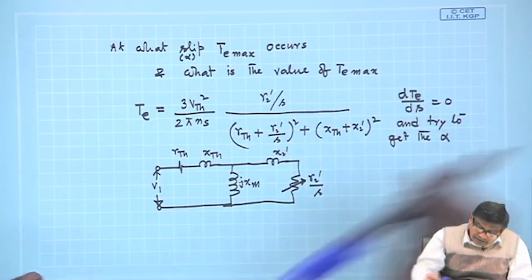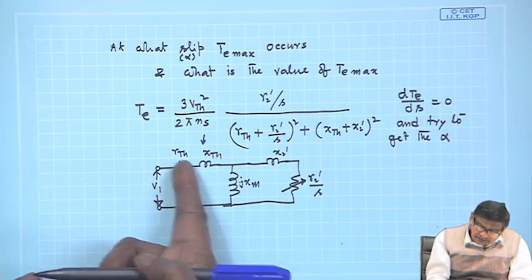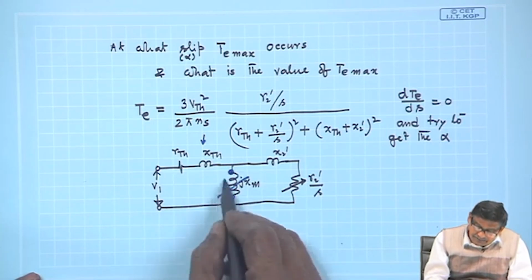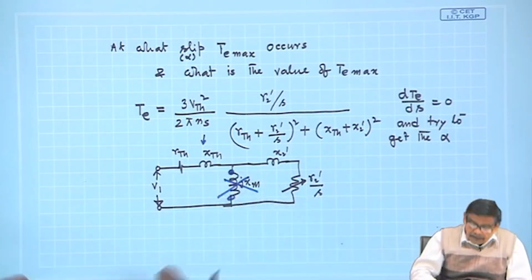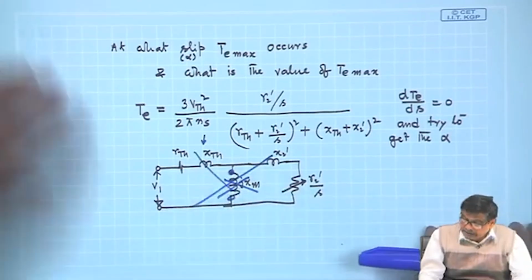So, I refer to this equivalent circuit, but since I am writing R Thevenin, X Thevenin, this thing is not there; by mistake I wrote jXM. So, it is a simple series circuit. I will better redraw it here.